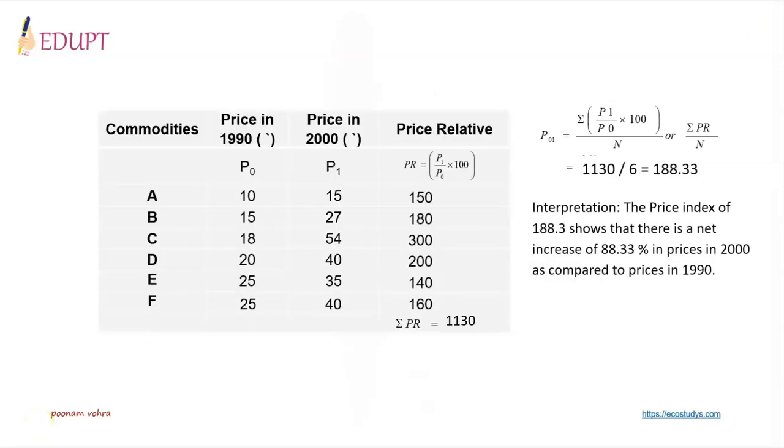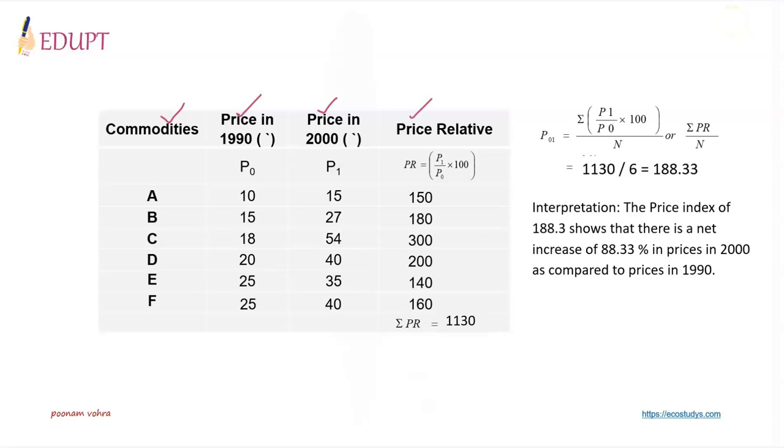To find the index number by the simple average of price relative method, you need to make a table with 4 columns. Column 1, commodities. Column 2, prices that existed in 1990, the base year. Column 3, prices in 2000, which is the current year. And fourth is price relative, which you need to find.